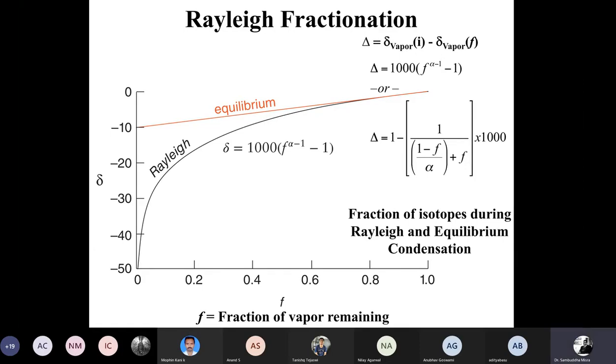Beyond a certain point, there is some amount of water in the vapor phase, but you're constantly putting water in the vapor phase and taking out water from the vapor phase through condensation to the liquid phase at the same rate. So that is equilibrium fractionation. However, Rayleigh fractionation means an open system where you are rapidly evaporating that water. So the isotopic composition of the vapor will initially change like this, okay?